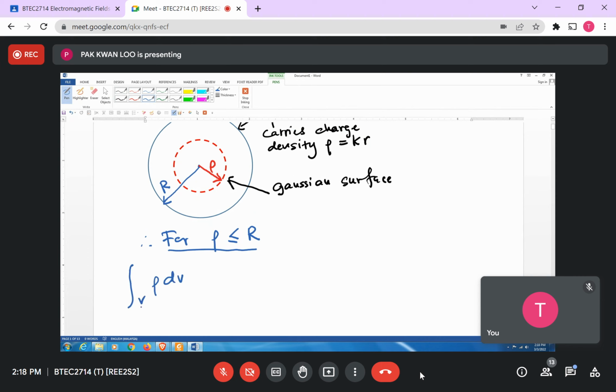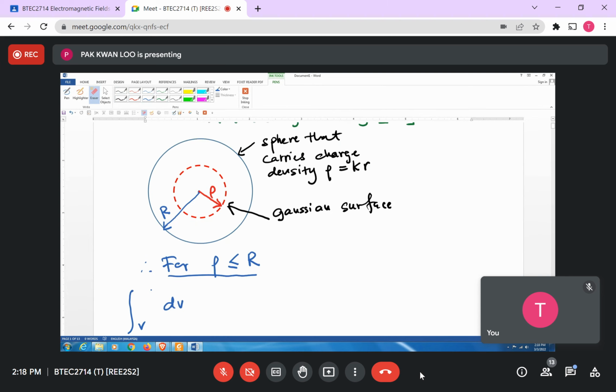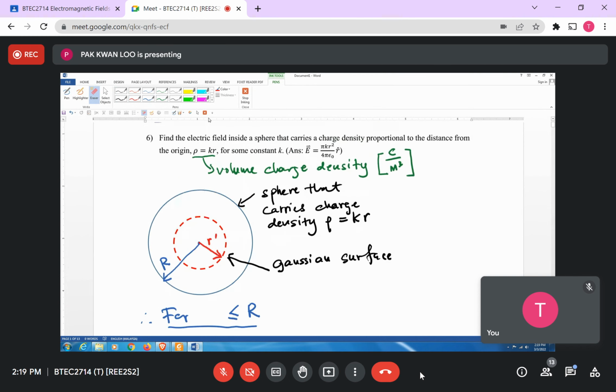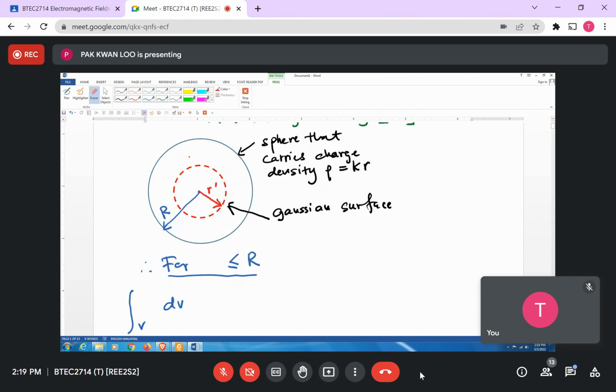I should put r prime instead, because I don't want to confuse the rho for the charge density with the rho for the radius.